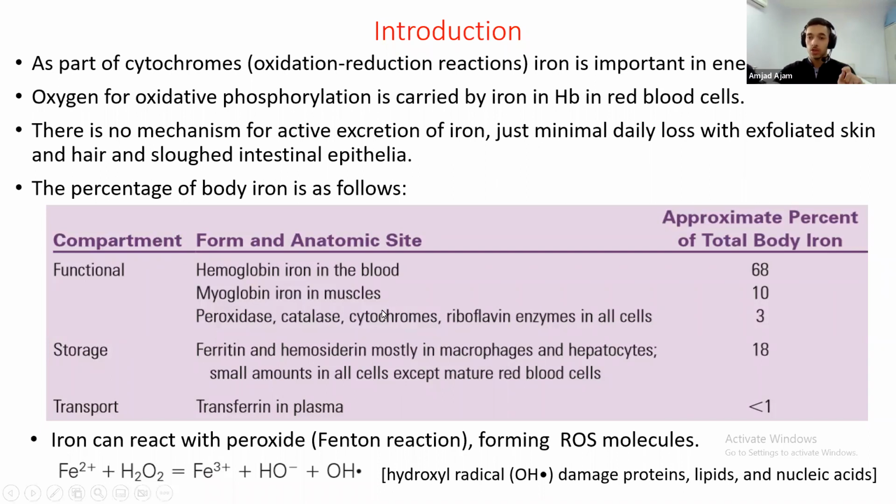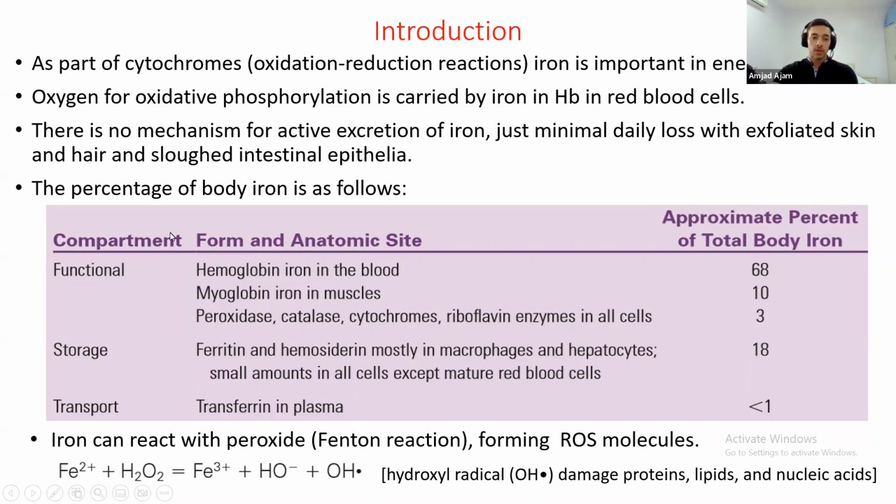Also, iron plays an essential role in the enzymes peroxidase, catalase, and cytochromes, especially cytochromes here. If you remember cytochromes in the oxidative phosphorylation, those enzymes transfer the electrons. So the iron here acts as a cofactor for those enzymes. So the cytochromes require iron to function.